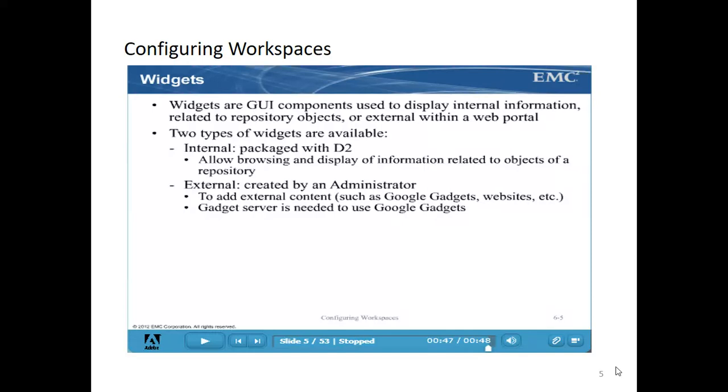With an internal widget you can display the content of the repository. With an external widget you can display gadgets like Google Map, weather map, those things, or else you can add some external static application or dynamic application also.